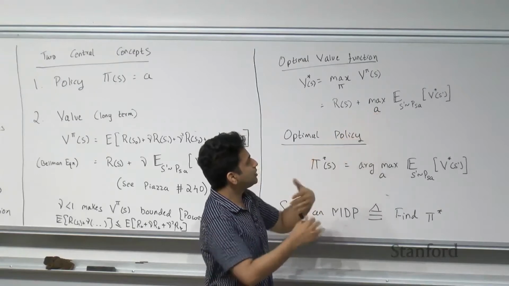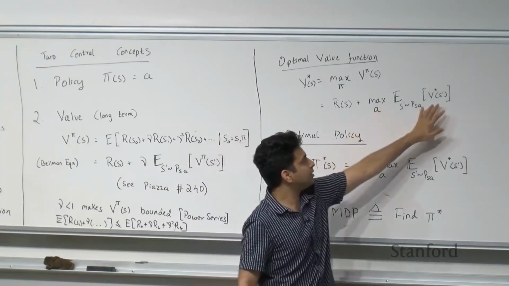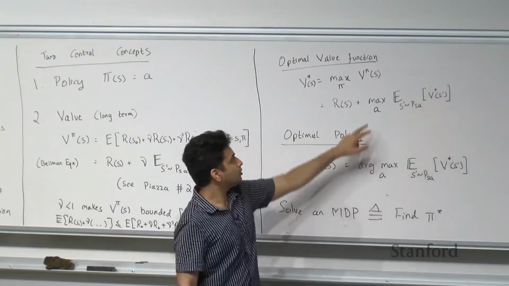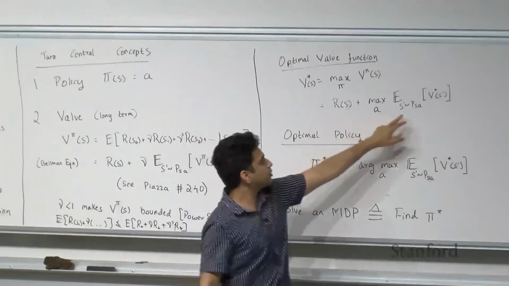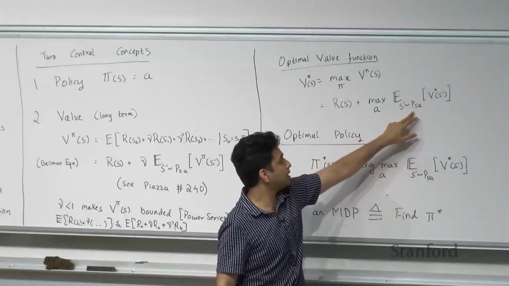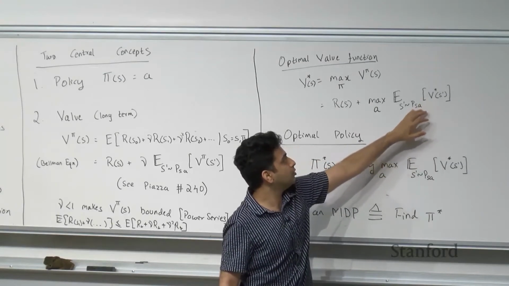This is a recursive definition, and we choose an action such that we maximize the long-term reward at the next time step. Depending on which action we choose, we get a different transition probability distribution for the future, and we take the expectation over the next time step according to that probability distribution.